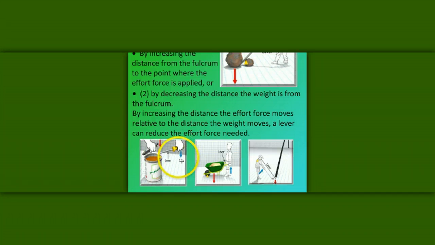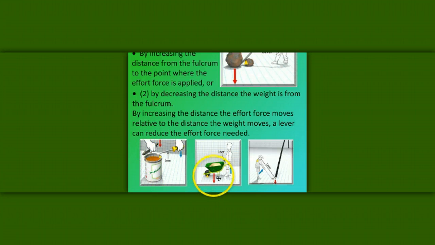So there's the effort, the blue arrow. The little yellow triangle is right here at the end of the screwdriver. That was my pivot point or my fulcrum to prop the can lid up. What was the actual load? The lid. I pulled the lid up with it. So that was the load.